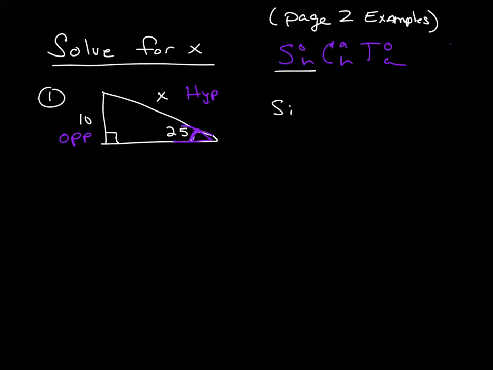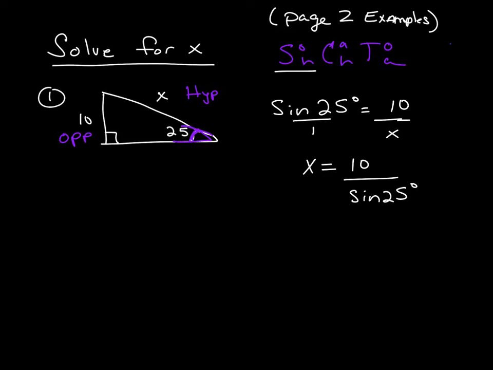So I say that the sine of 25 degrees is equal to 10 over x. Now, solving the ratio to get x all by itself, I bring x up and cross multiply, and I get x is equal to 10 divided by the sine of 25 degrees.